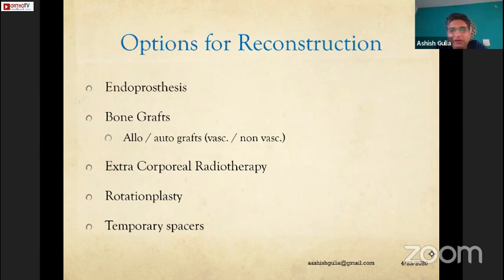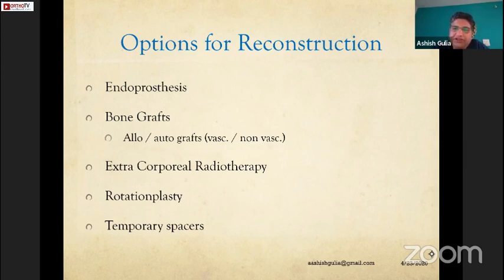Autografts can be vascularized autografts where we anastomose them at the host and the recipient site. And you can use a combination of auto and allografts as well. Most of these reconstructions are done in intercalary type of reconstruction, where we have a gap in the diaphysis between the two joints and we reconstruct it with the help of these bone grafts.